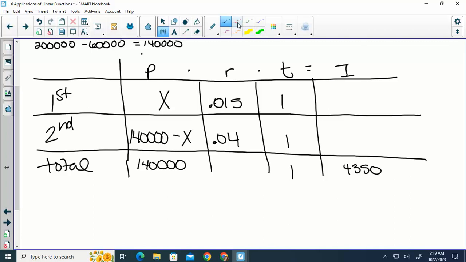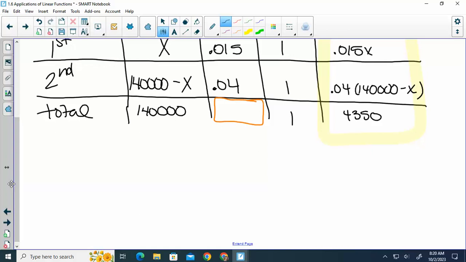So we haven't seen this happen before, but I do have a box and I don't have a number here. But it's okay, because our goal is to get this final column. So since I have the total interest, it's okay that I don't know that rate. We just need to get everything in this last column, so now we multiply. So x times 0.015 times 1 is 0.015x. 0.04 times 1 times 140,000 minus x. Now, the equation kind of writes itself.